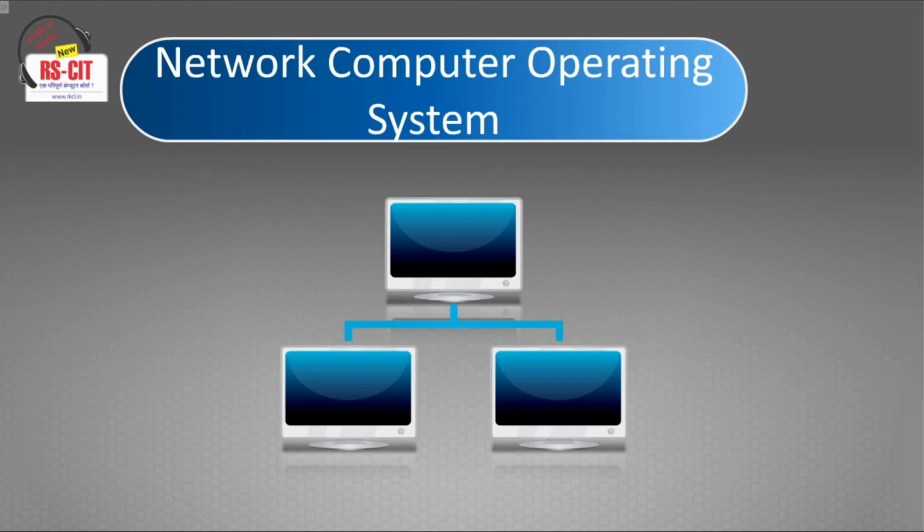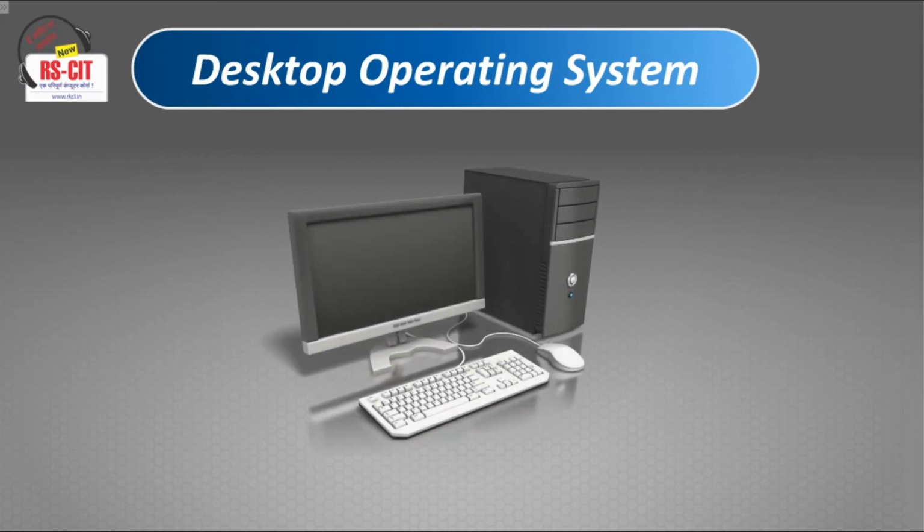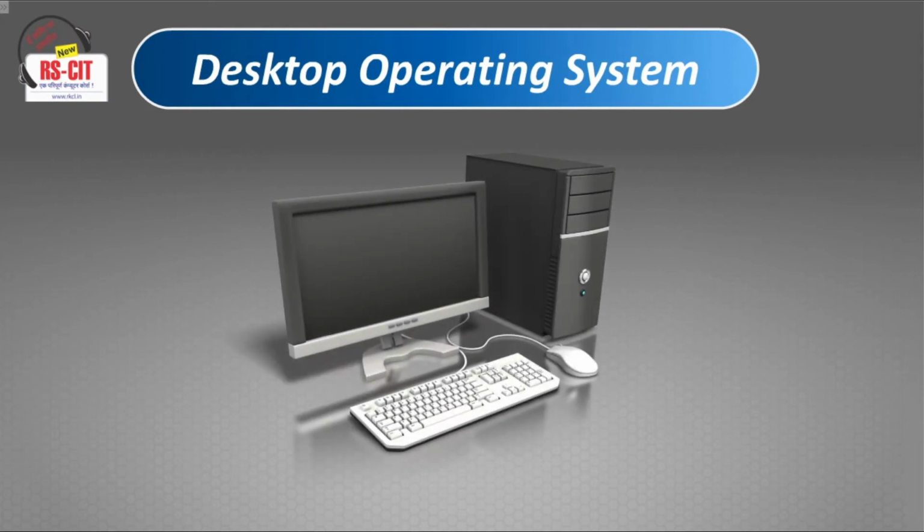Examples of these types of OS are NetWare, Windows XP Server, Dell Network OS, etc. Desktop operating system is the most commonly used operating system. It works on a single computing device. Mac OS, Windows 10, etc. are examples of desktop operating systems.